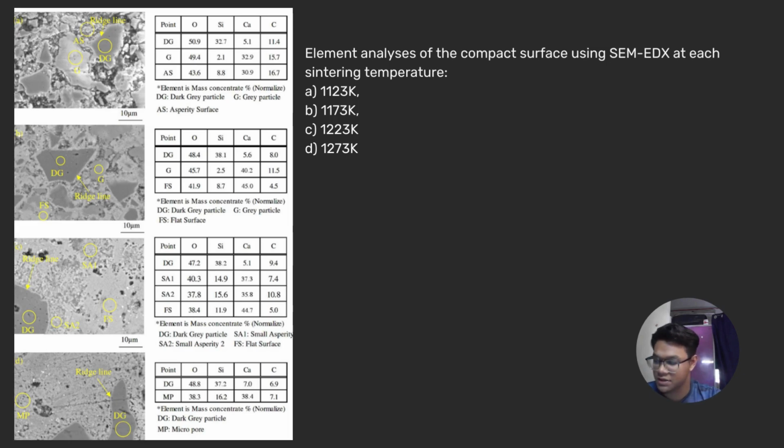At the higher temperature, 1273 Kelvin, only the dark gray particle and micropores exist. As we can see, the composition of oxygen, silicon, calcium, and carbon for each temperature is different. Some of the compositions are reduced, and some are increased.